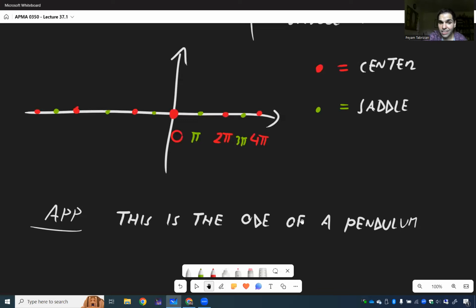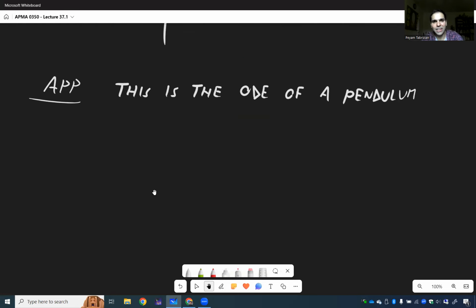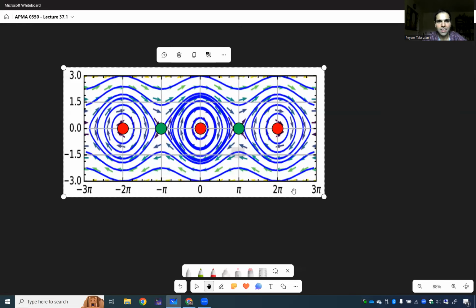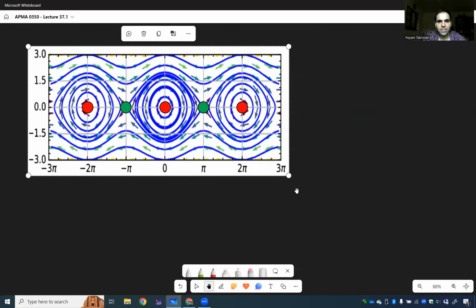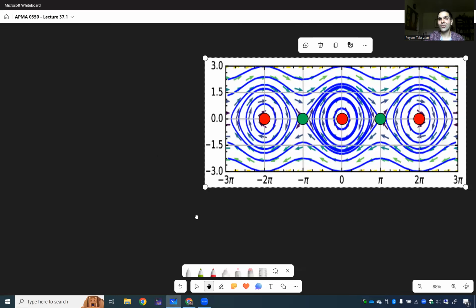And this is illustrated by the equilibrium points. In fact, I want to show you a really cool picture of this. Here, once again, we have the phase portrait of a pendulum, and you can see that we really alternate between saddles and centers, because at the red points the solutions are circles, but at the green points they become saddles. So it's kind of cool how nature works out like that.